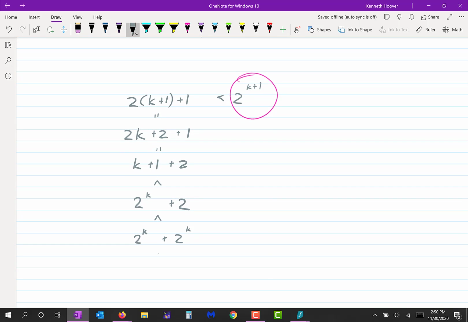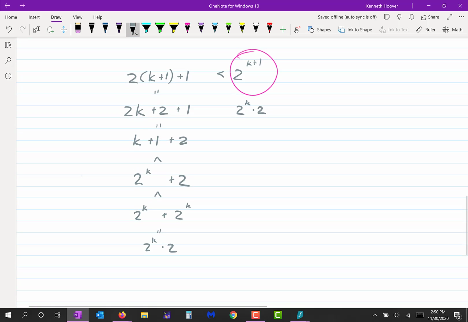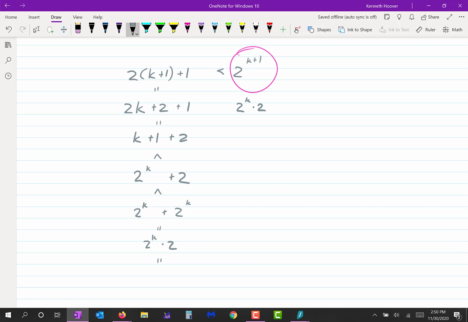And doesn't that equal 2 to the k times 2, which is what I had over here. I accidentally erased it. So you see now that bridges the gap. Do you see what I'm saying? That equals 2 to the k plus 1. And here we go.